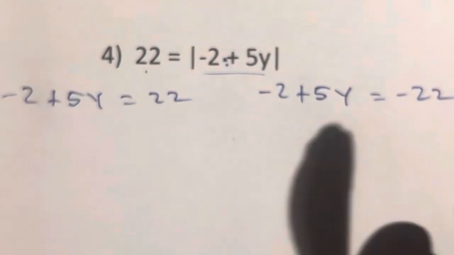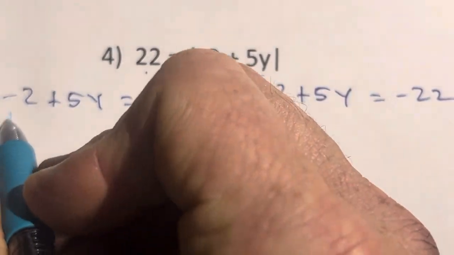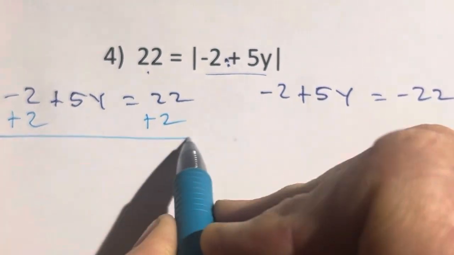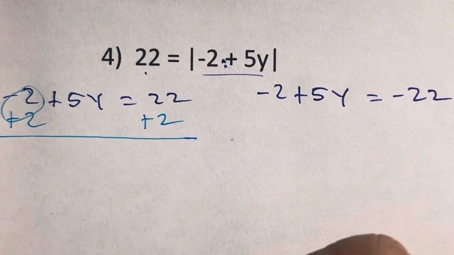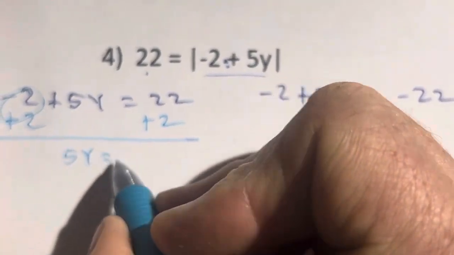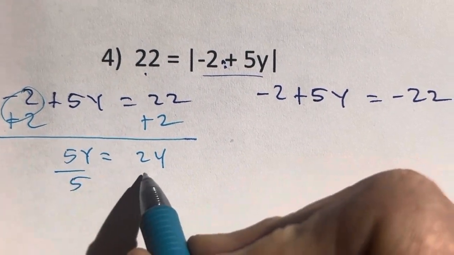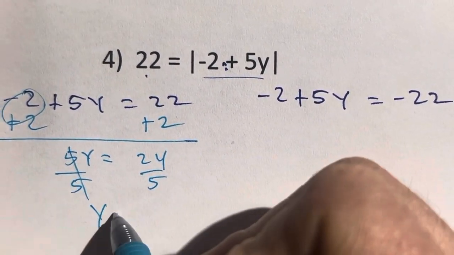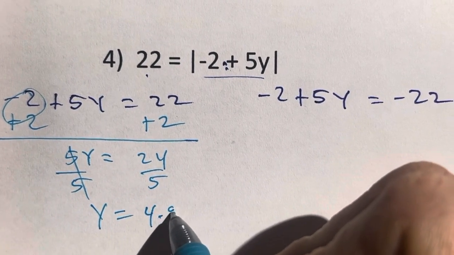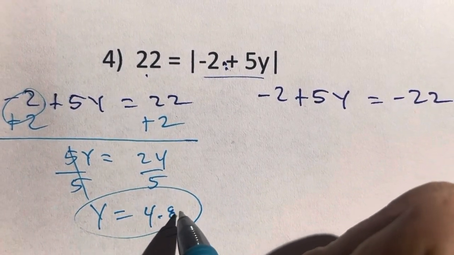I solve both. Right here on this one, I'm going to add 2 to both sides to make this go away. That means 5y equals 24. Divide both sides by 5, and that's 4.8. There's one solution, 4.8.